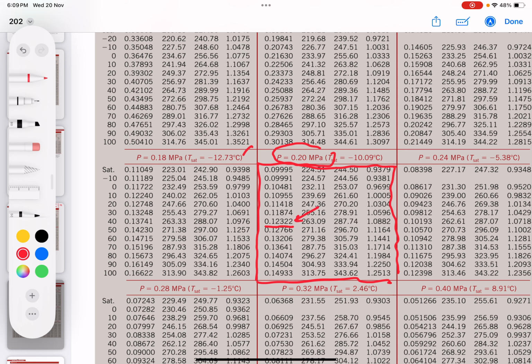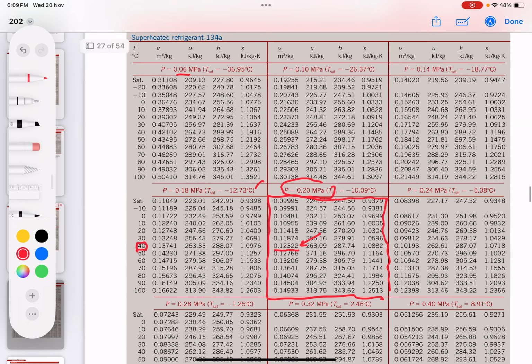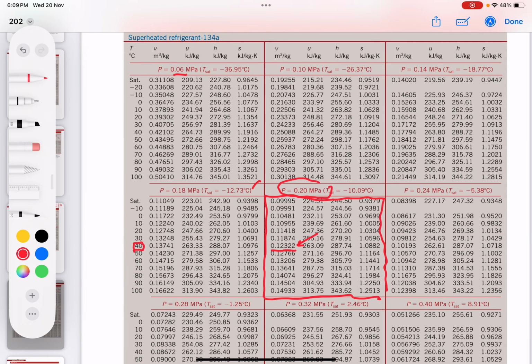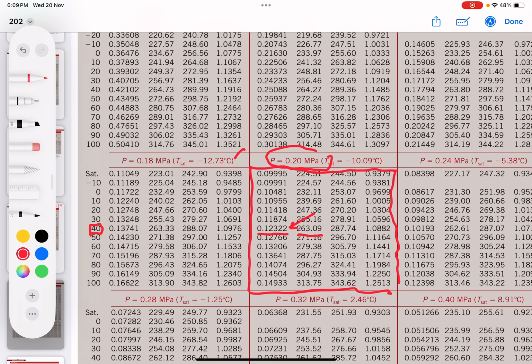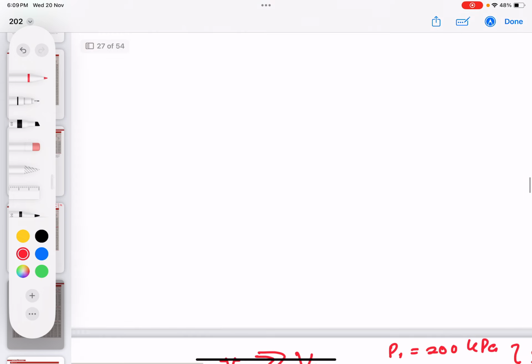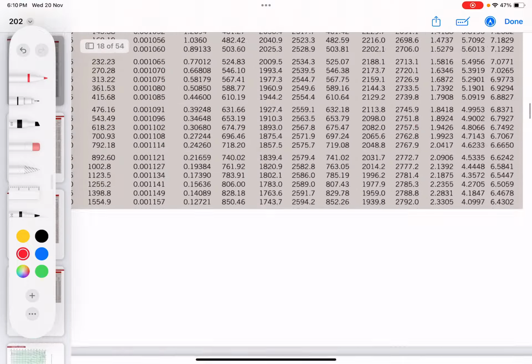0.12322. Therefore, my temperature T1 is going to be 40, and if you remember, the question asks for the change of internal energy, U, and the value of U1 is going to be 263.09. So now I can go back to my answer sheet.